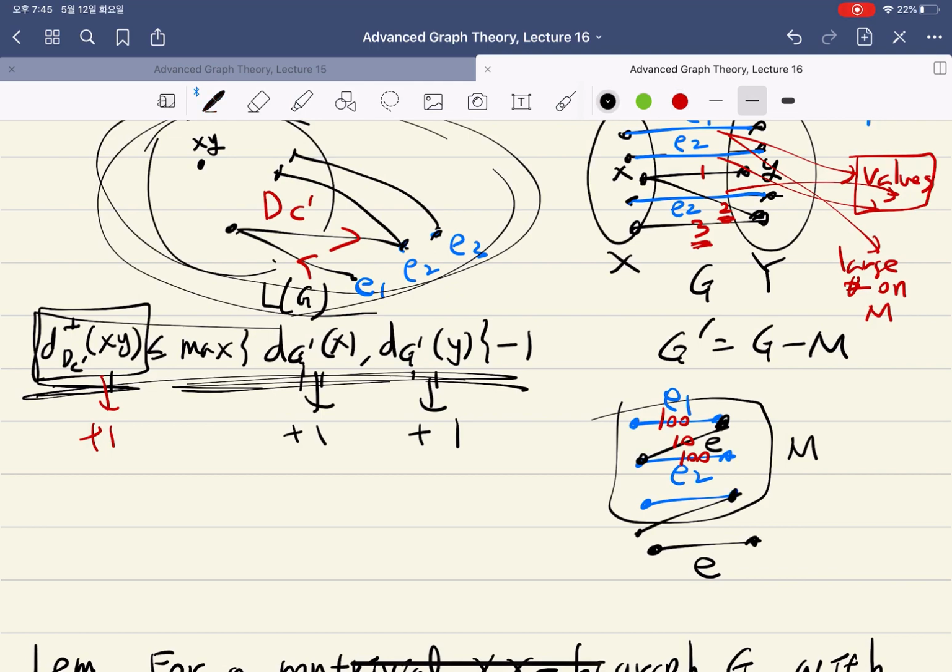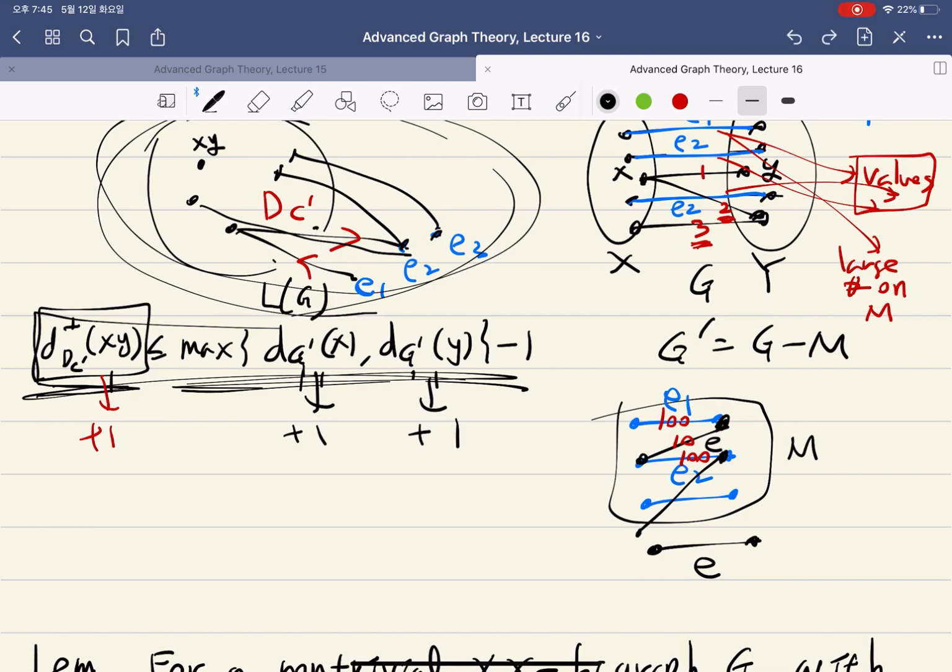And if there is this edge, E prime, then this E prime has only one neighbor among this blue one, which is E2.